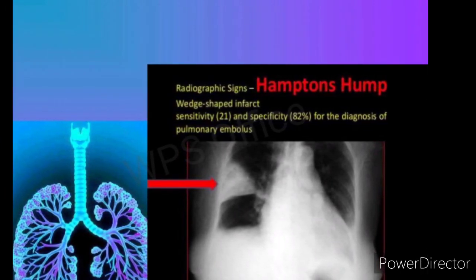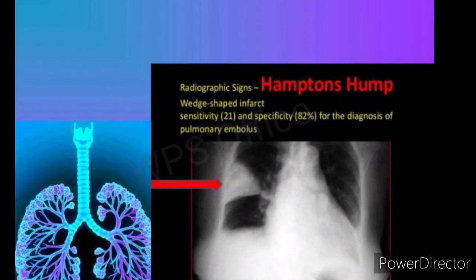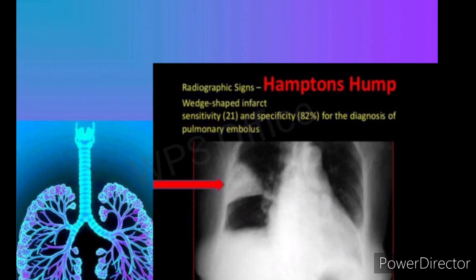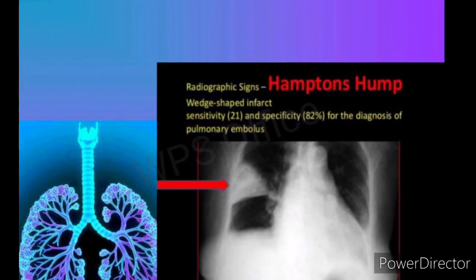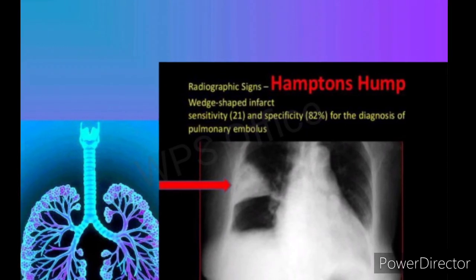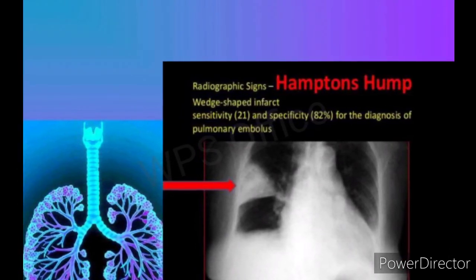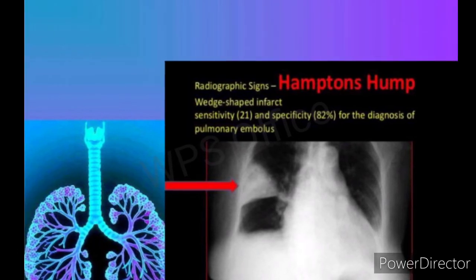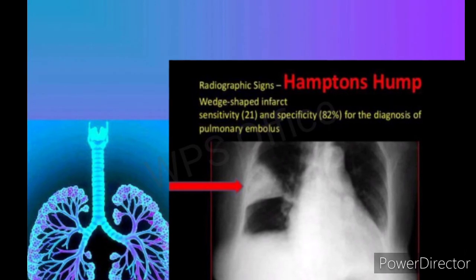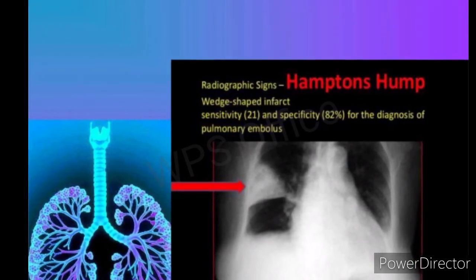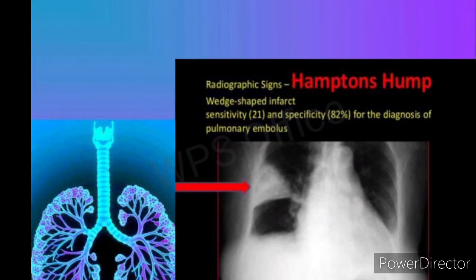When we view the chest x-ray plate, we can see a triangular shape opacity. Opacity means a light portion that can be seen in the chest x-ray. So we all have to remember that there will be an enlarged pulmonary artery, then a wedge shape opacity in the periphery of the lungs. Okay, so these are the diagnostic measures.